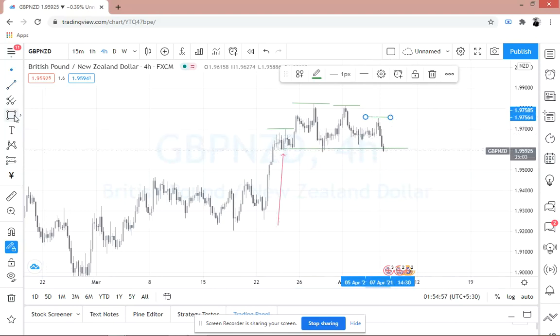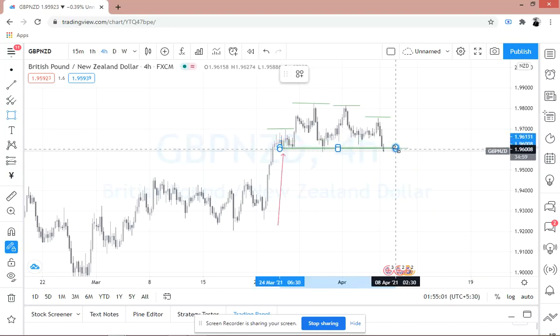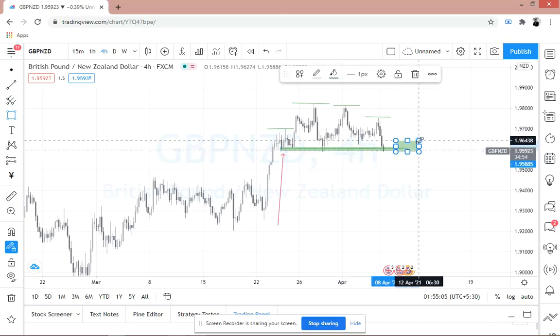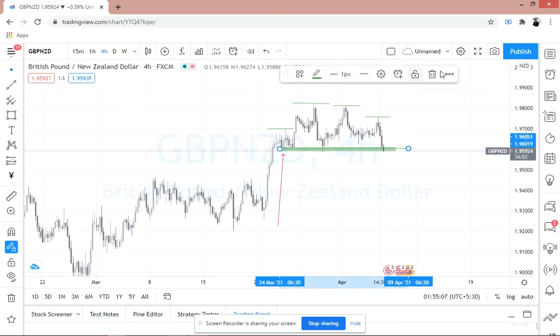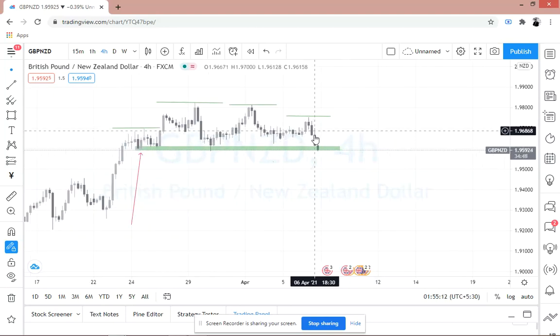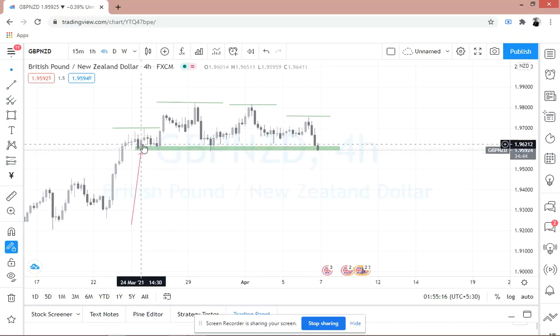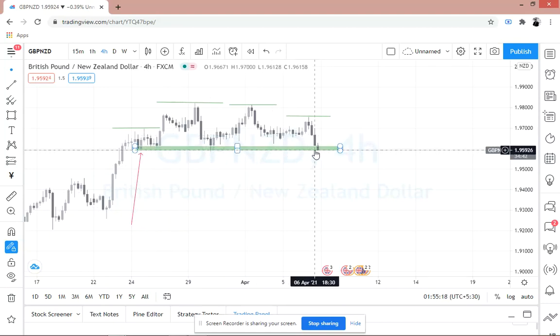Now we have some buyers at this area. Okay, so we have some buyers at this area, but this is slow momentum loss. This was an uptrend. Then we have some buyers here at this area.